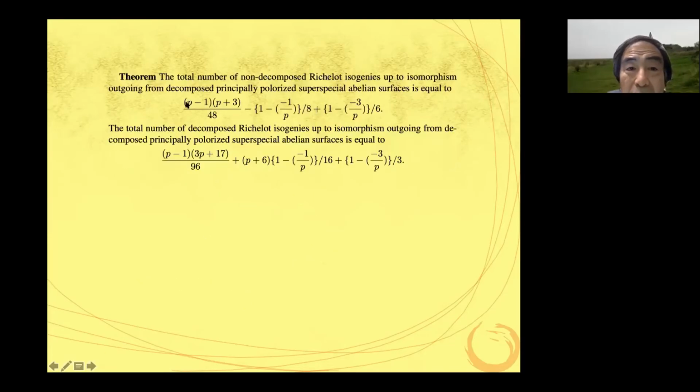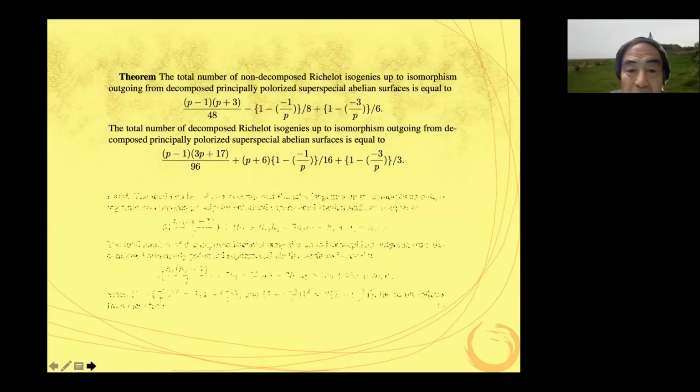And now the total number of non-decomposed Richelieu isogenies up to isomorphism outgoing from decomposed principally polarized superspecial abelian surfaces is equal to this number. And also the total number of decomposed Richelieu isogenies up to isomorphism outgoing from decomposed principally polarized superspecial abelian surfaces is equal to this number.